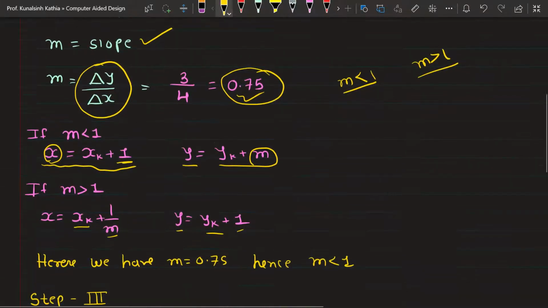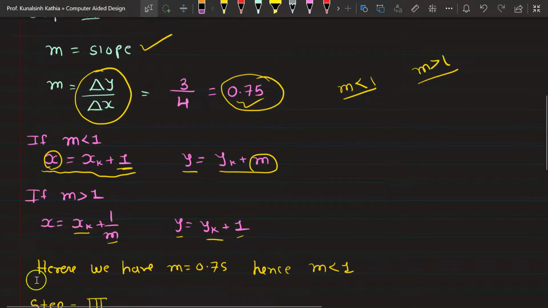Now in this numerical we are getting 0.75. I suggest you pause this video and write down this equation, as it will be very useful in the next numericals also. Right now 0.75 is less than 1, so we will use this equation: xk plus 1, yk plus m.